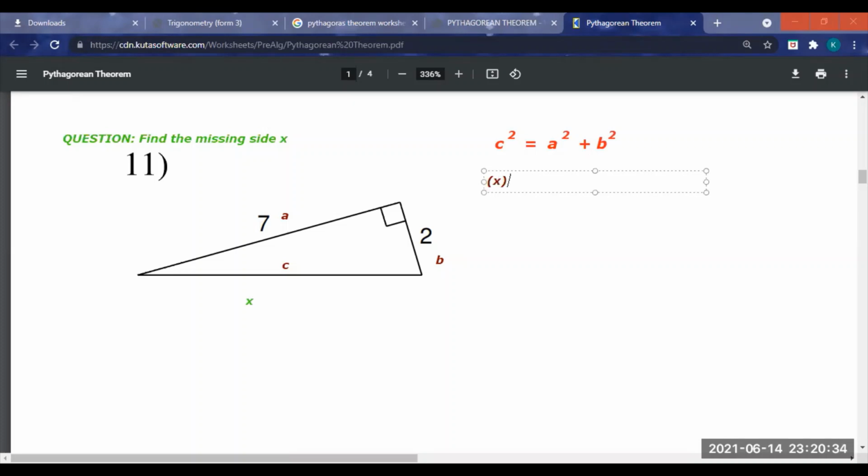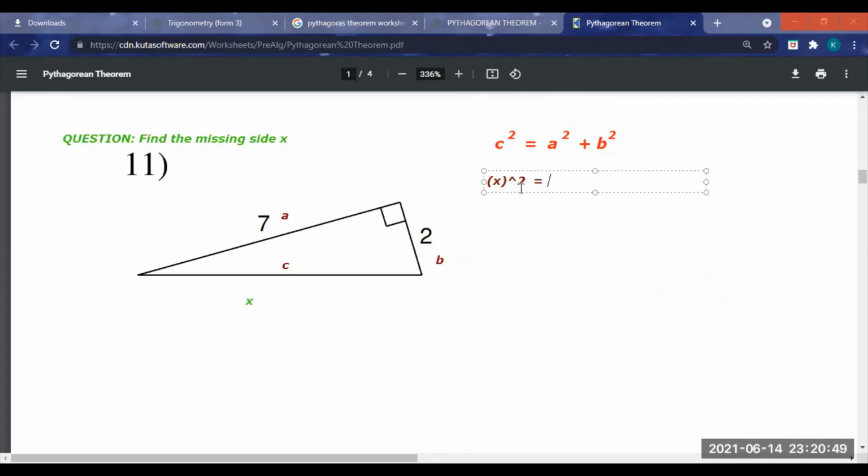So C is really X squared, and whenever we are substituting, we would be using the brackets. And also, I put the formula here so you wouldn't get confused.